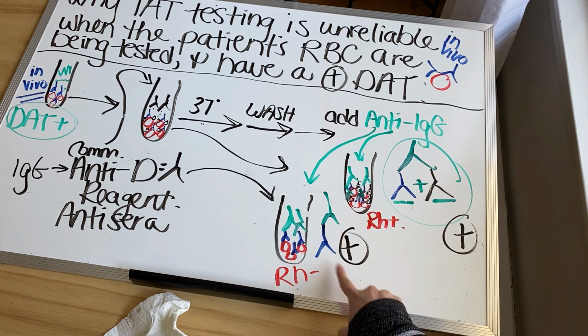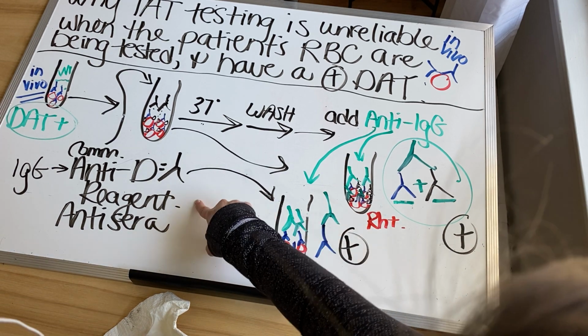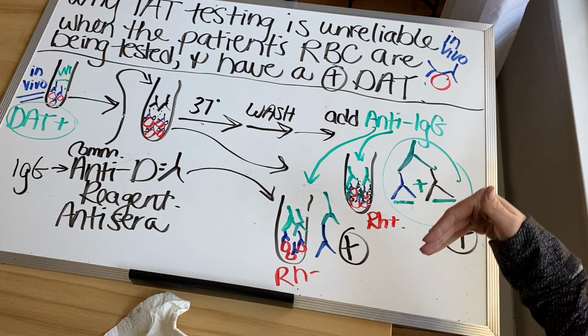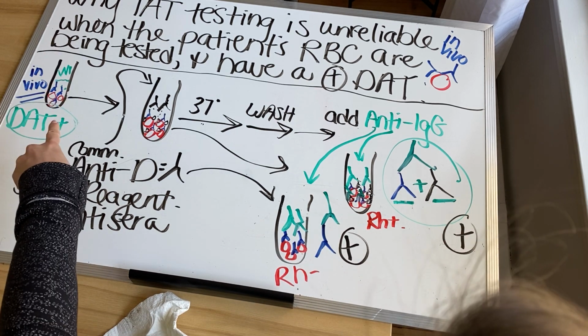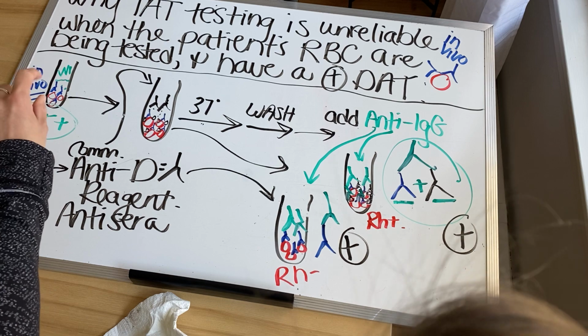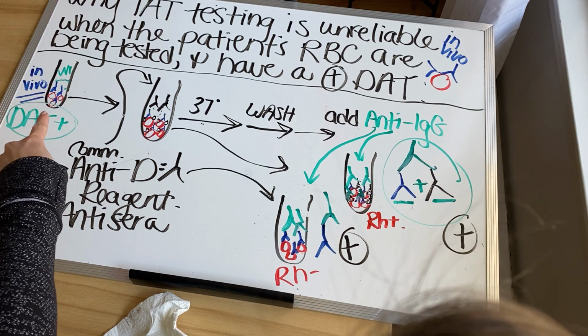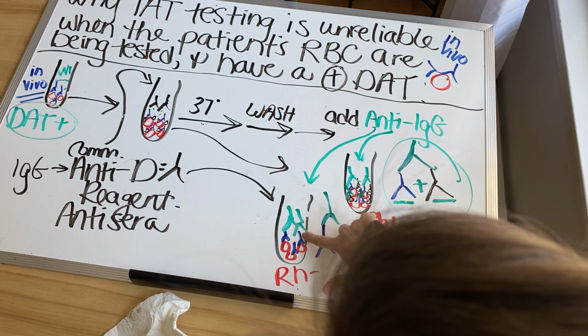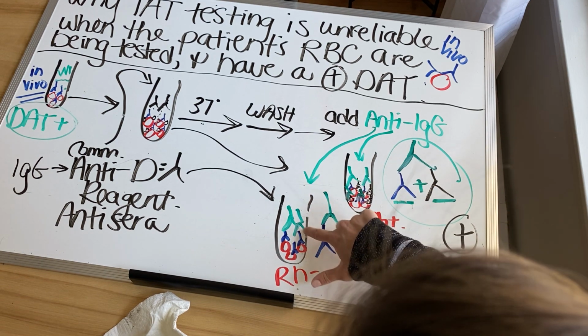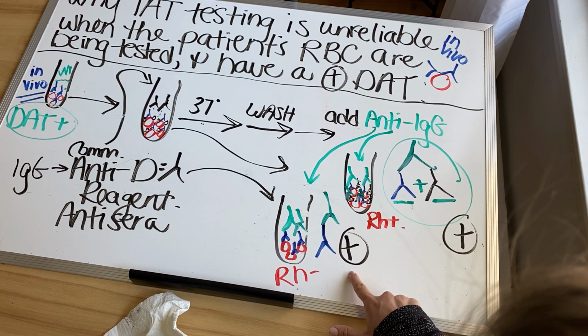This test should have been negative because the anti-D got washed away and there shouldn't be anything there for it to bind to. But because there was already an IgG antibody in blue coating in vivo, it's still there, it didn't get washed away, and the anti-IgG picked it up here, and we still had a positive result.